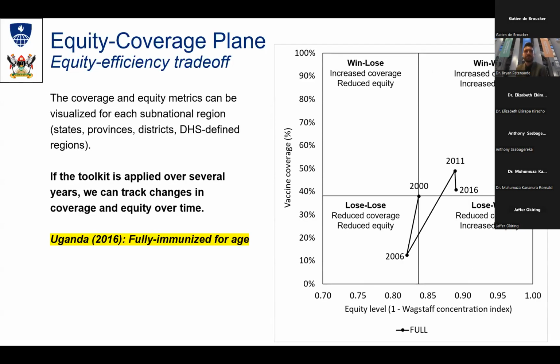And similarly, instead of just looking at regions at a single time point, you can take a look at trajectories over time. And again, we want to always be moving up and to the right, so increasing coverage and increasing equity.